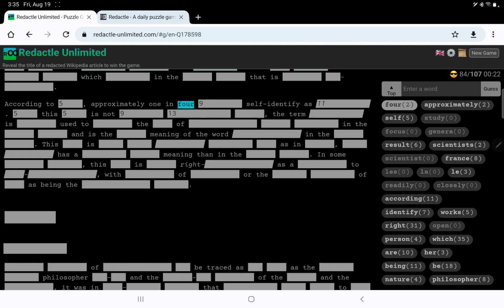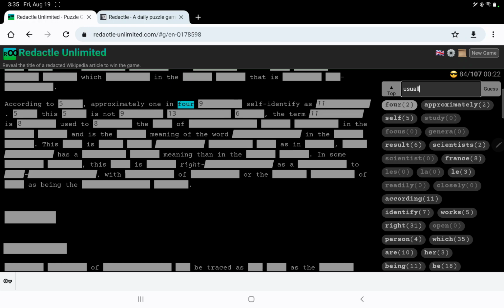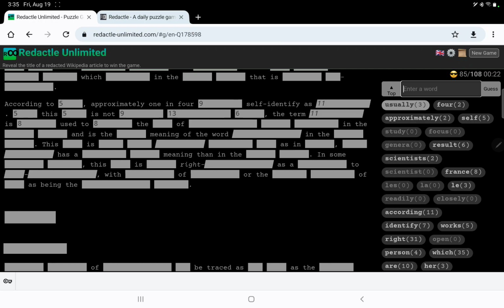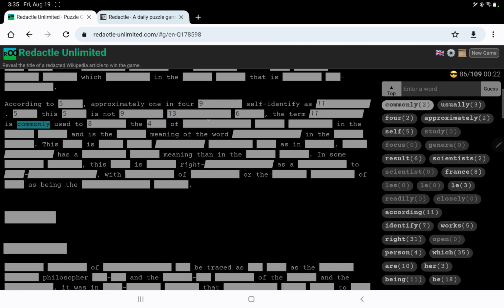Something, this 5 is not 9, 13, 6. The term is usually used, commonly used to 8 the 4 of 14, 6, 9, and is the something meaning of the word 14 in the 6-6. This something is 10.